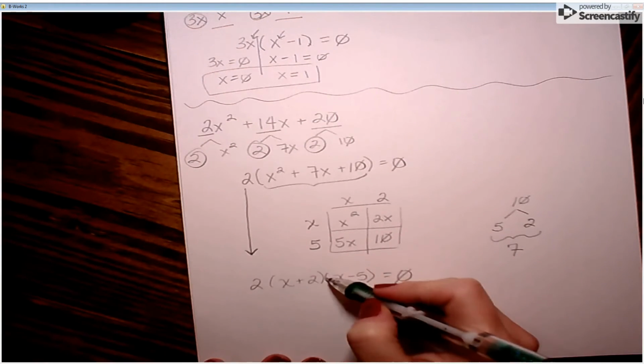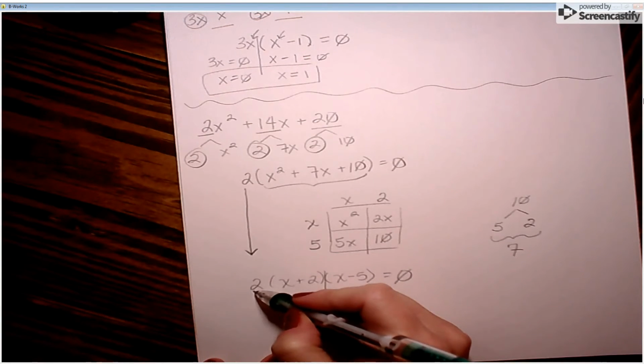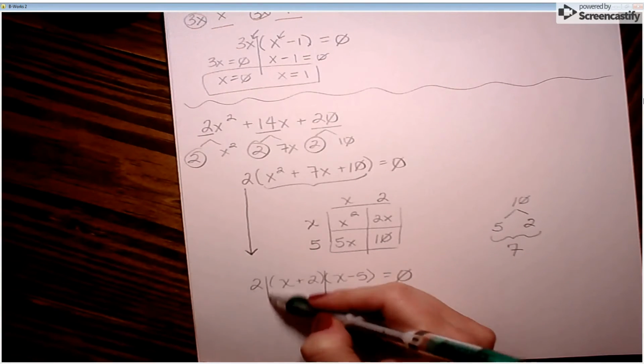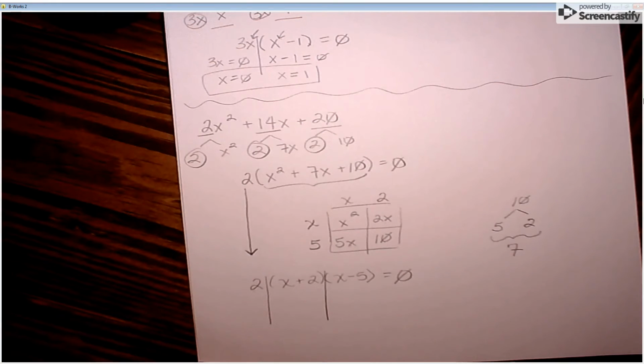If you look at this first portion that I factored out, there is nothing here that is dealing with x. So no matter what these two factors turn out to be, this is going to remain 2. That 2 can never be manipulated to be 0 unless something over here turns out to be 0.